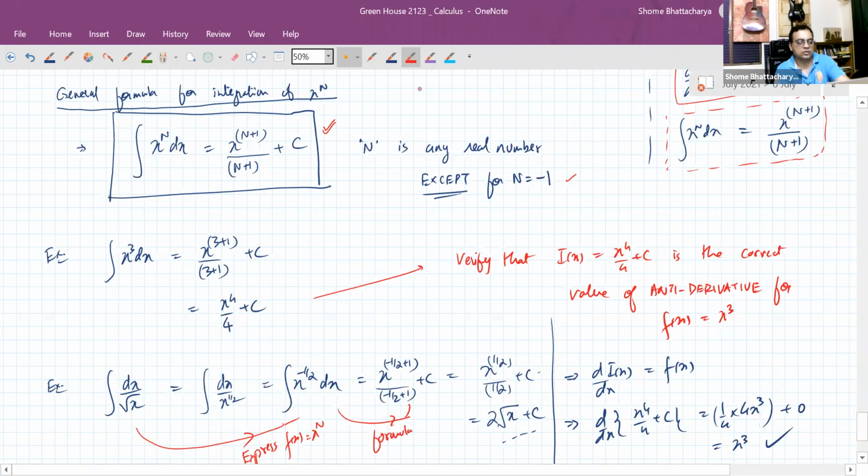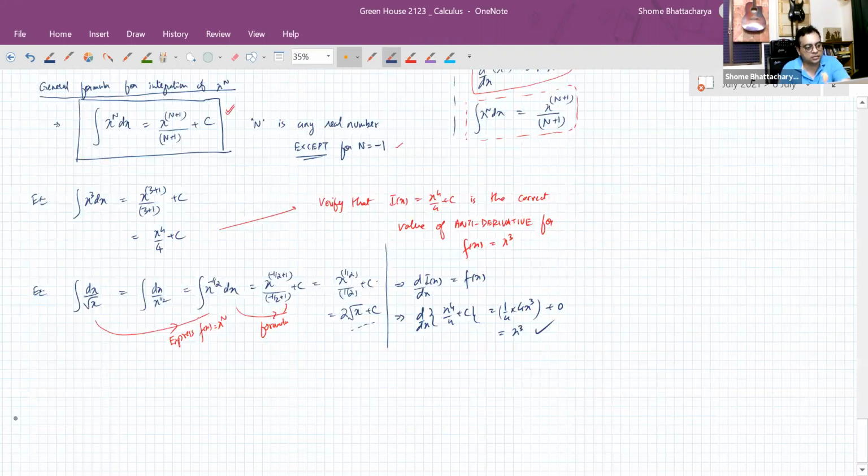Okay, so note down this example and these two examples, then work out these next values.